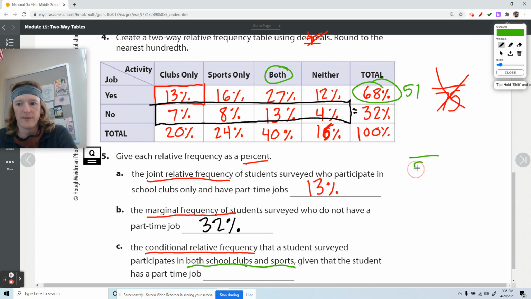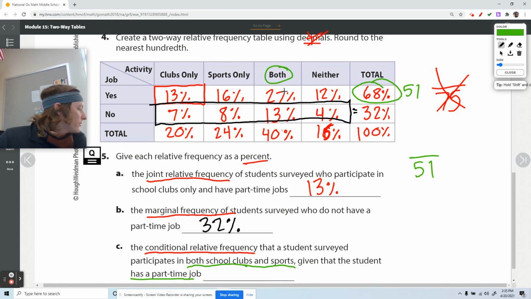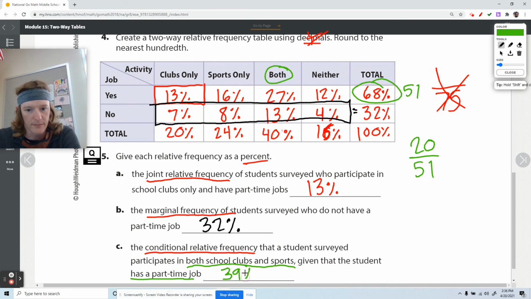So out of 51 total people who have a job, how many are in the both? Well, that was 20. So 20 out of 51. We get 39.2%. We'll go with 39%. All right. We get 20 divided by 51. Yep. All right. And that's going to wrap it up.